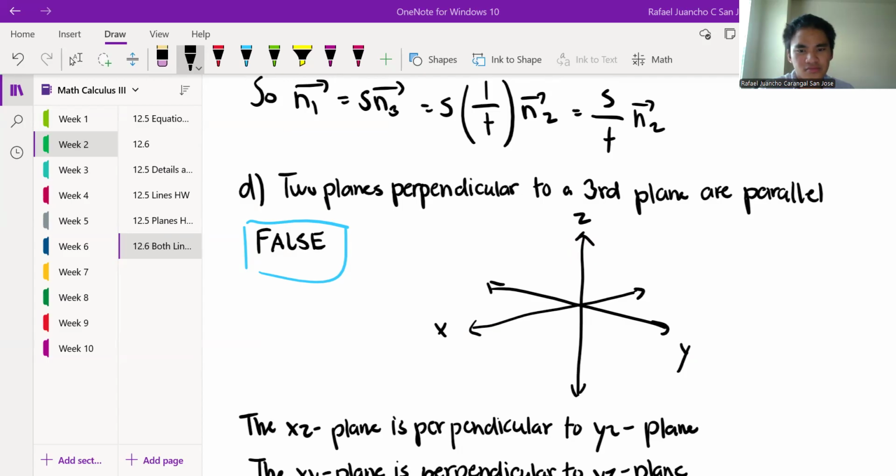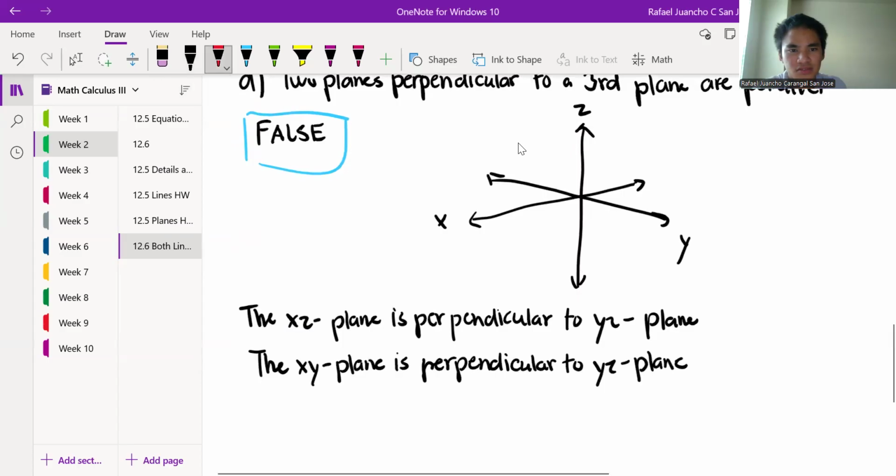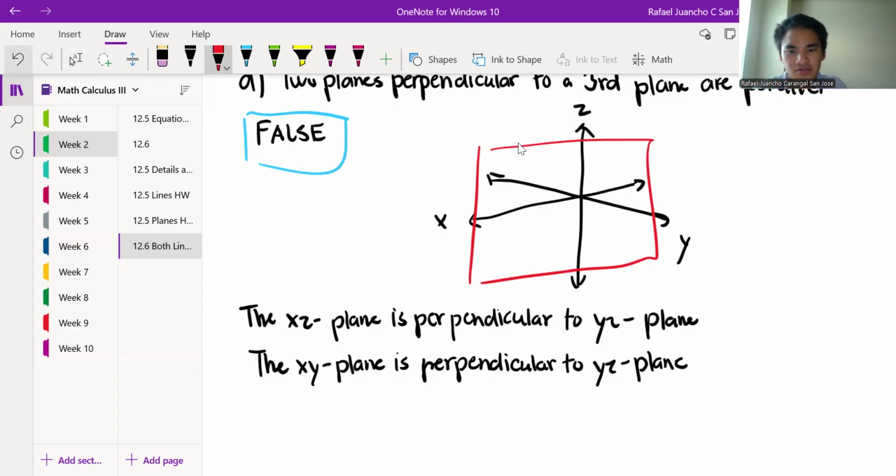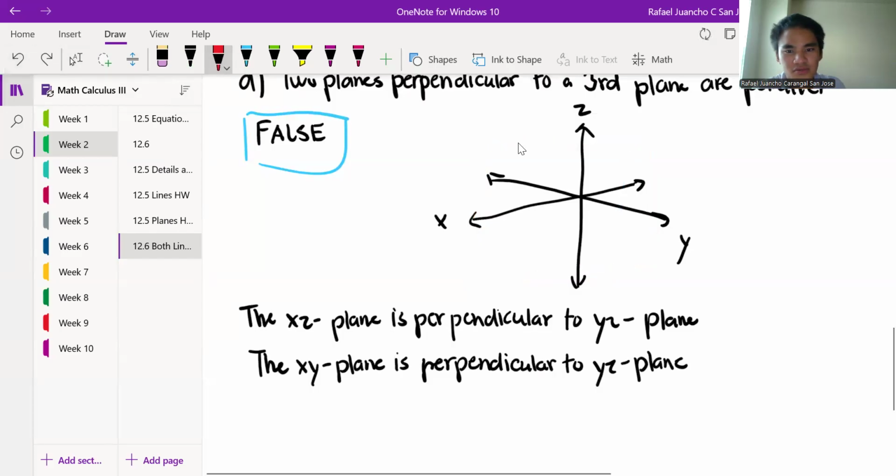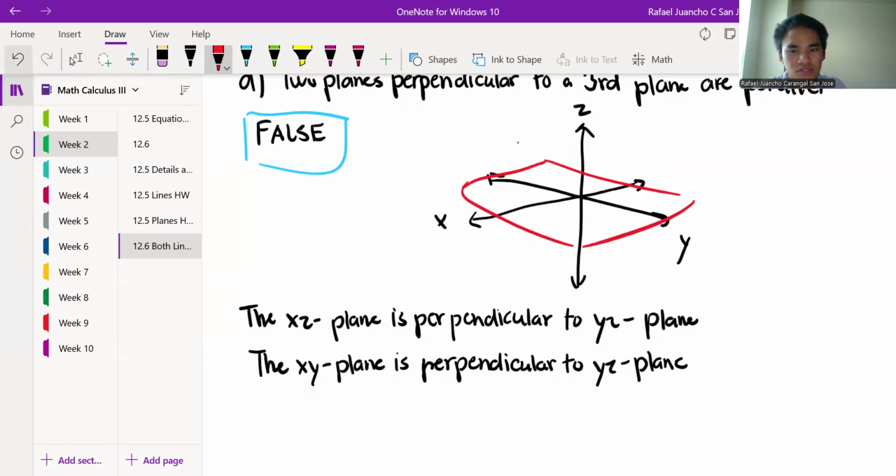This XZ plane is perpendicular to YZ plane. XY plane, so this one is perpendicular to YZ plane, so this one.